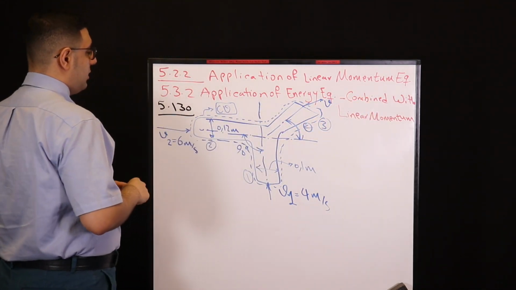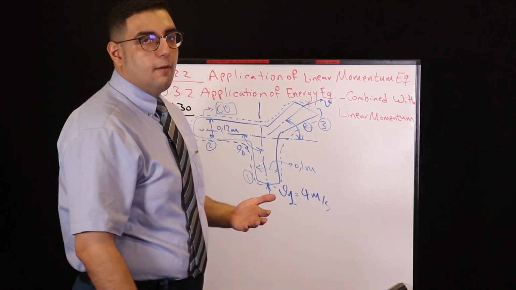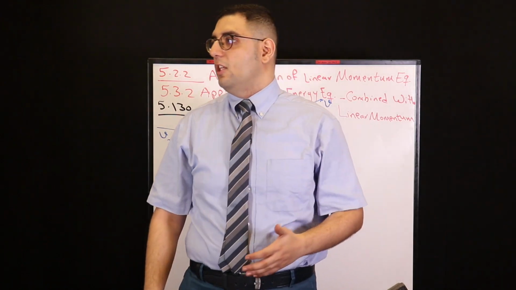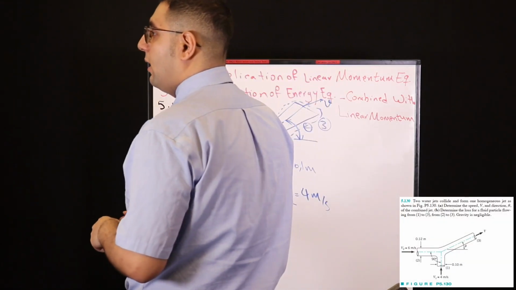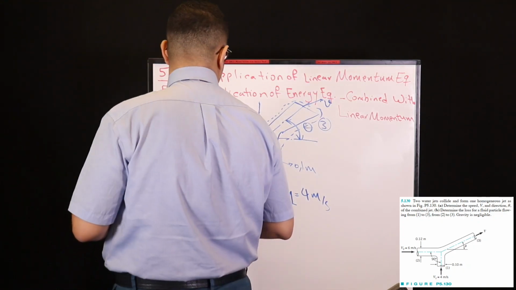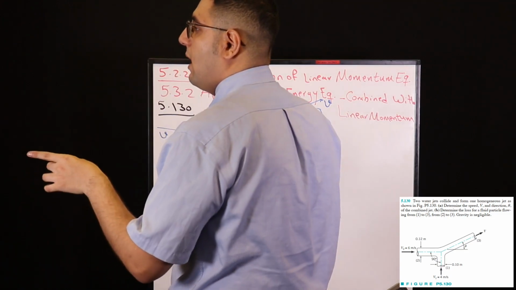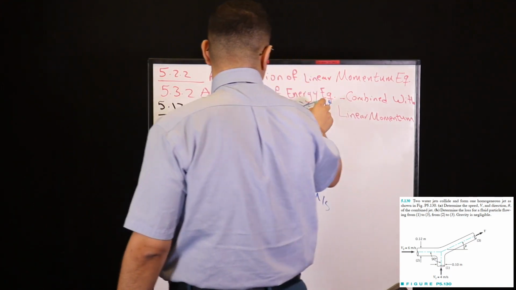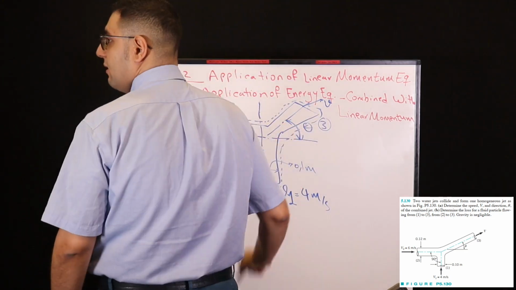The number of the question is 5.130 from the book of Munson, 6th edition. The question is, we have two water jets colliding as in this figure. The question wants us to determine the speed V and also the direction theta.